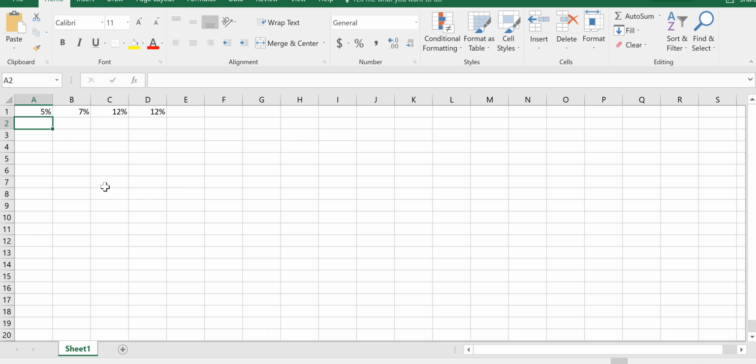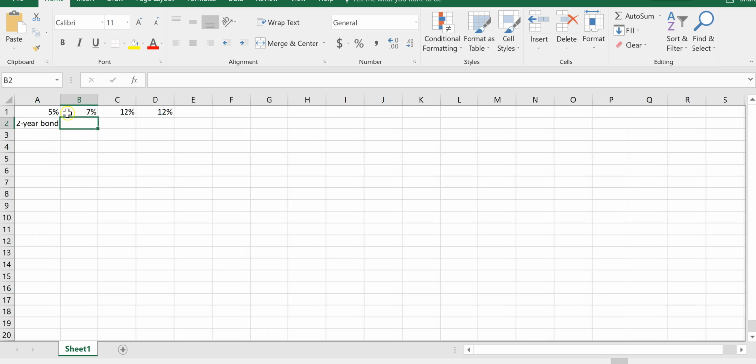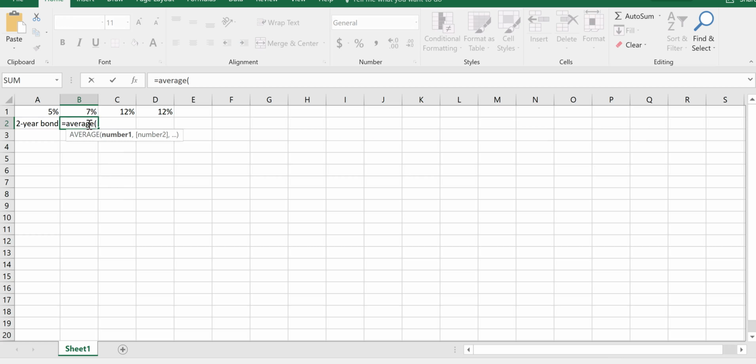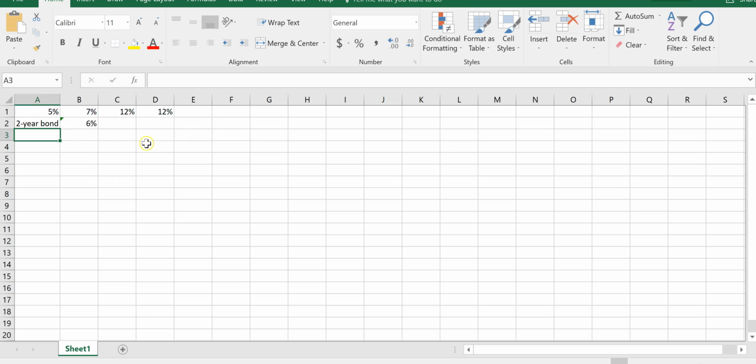And then if it's a 2-year bond, like what we did, similarly, it should be what? It should be the average. So you can use the AVERAGE function, equals average. And then first one, second one, and then equals that.